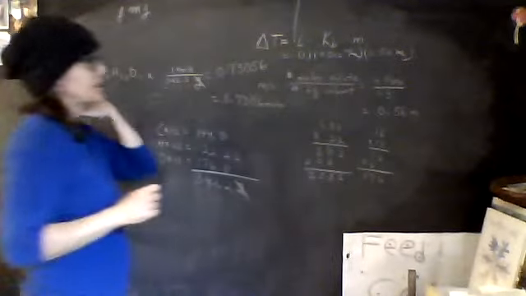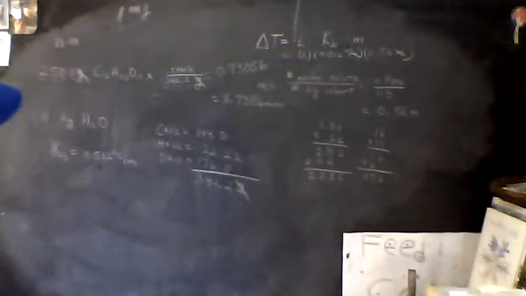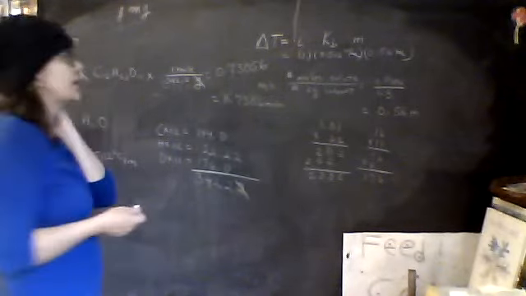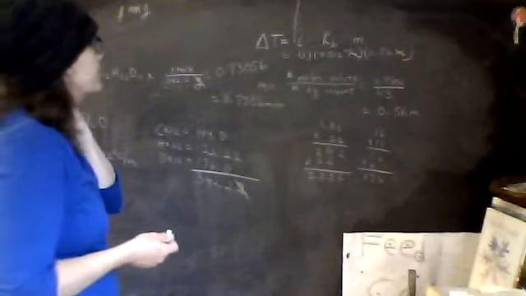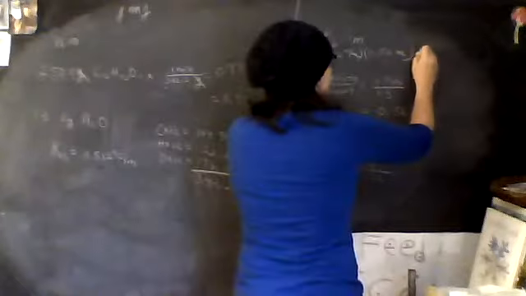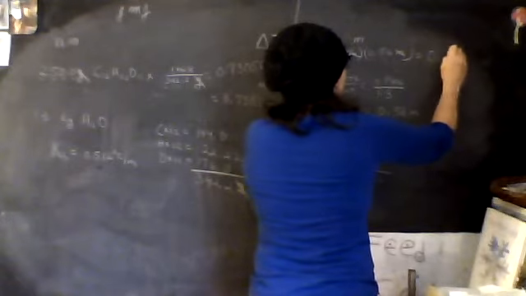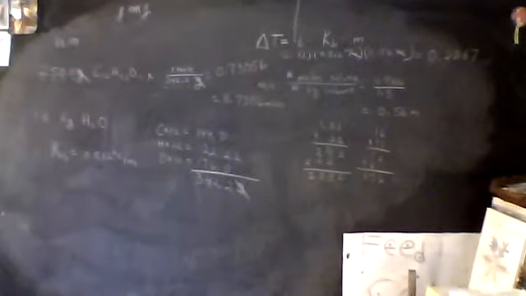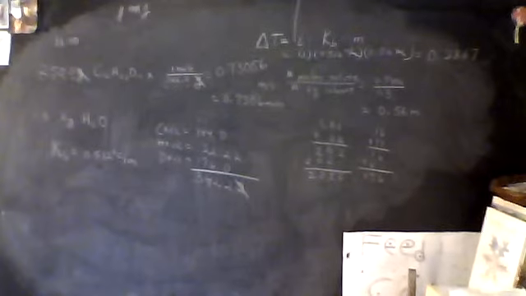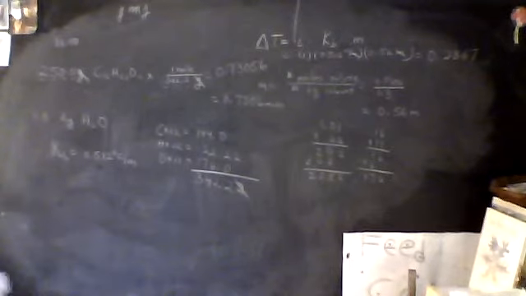And after Martin does that calculation, 0.28672 degrees Celsius.